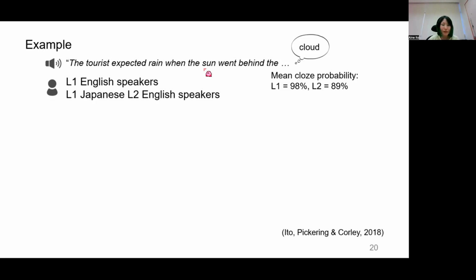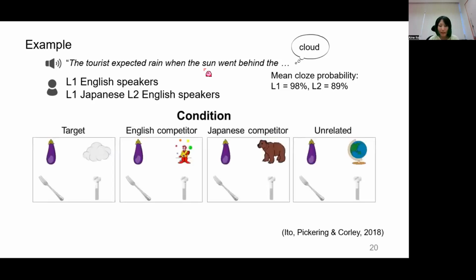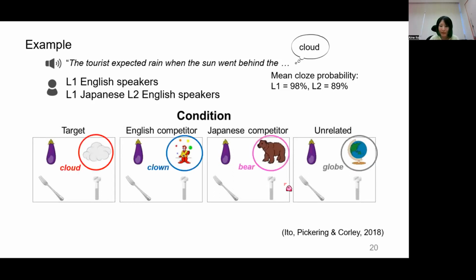That was the auditory stimuli. We had visual stimuli that had 4 conditions. Here you can see that only one object was different depending on the condition. The object that varied was the critical object. In the target condition, you see the predictable word depicted, so it's a cloud. In the English competitor condition, you see the phonological competitor of the target, so cloud and crown were phonologically related.